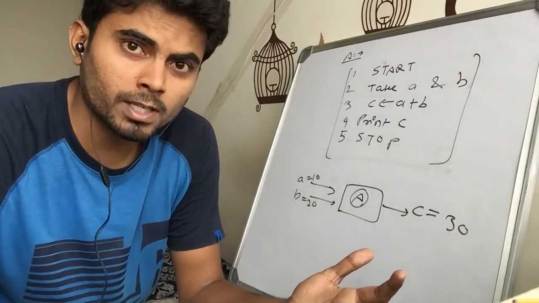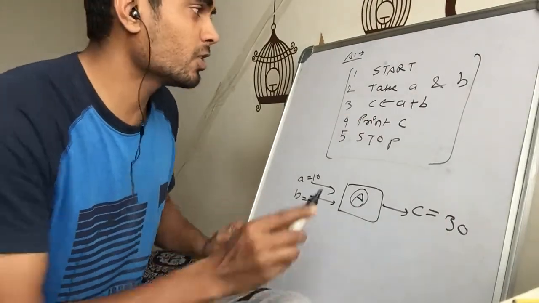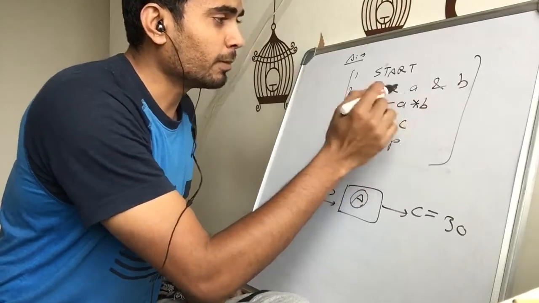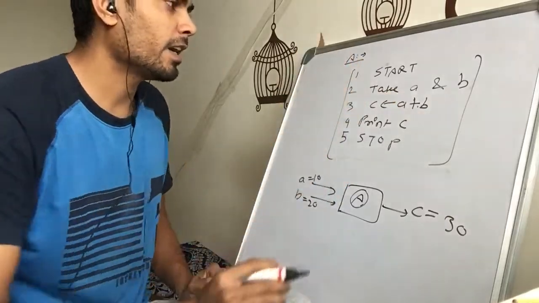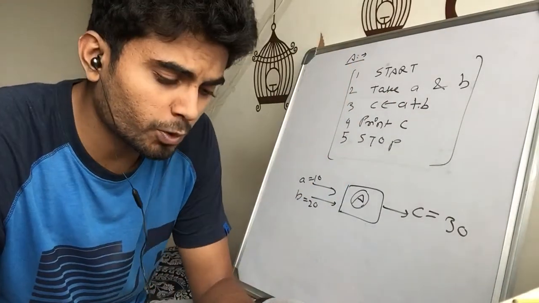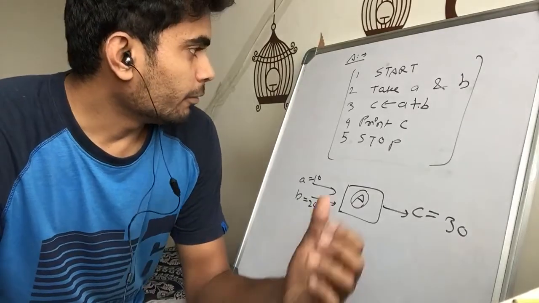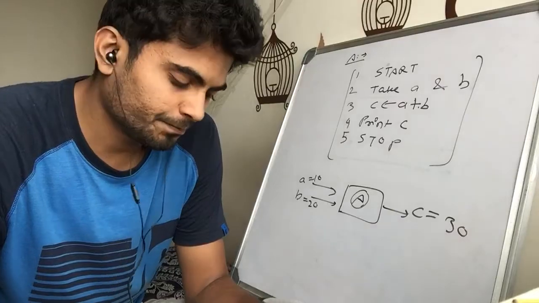It should produce the desired output. This is producing the desired output. C is just the addition of these two numbers. This is not multiplication or subtraction of these two numbers. This is addition only. So this is producing the desired output only, and it is very short and easy to understand. So this is how you should write your algorithm.